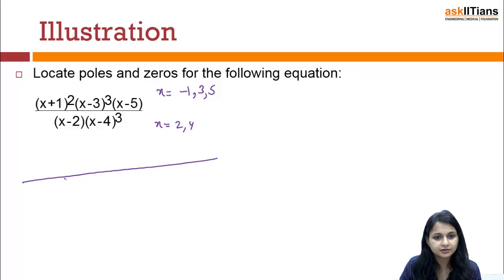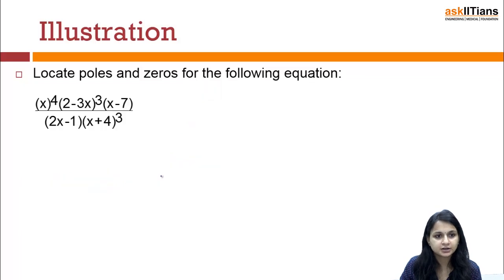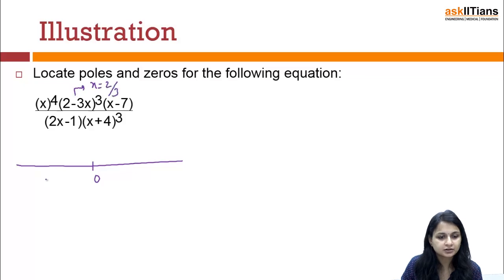So I will have minus 1, 2, 3, 4 and 5. In this case again I'll take the number line. So 0. Then we have 2 minus 3x, so this will give me x equal to 2 by 3, then x equal to 7, x equal to half and x equal to minus 4. This is how we have represented zeros and poles.